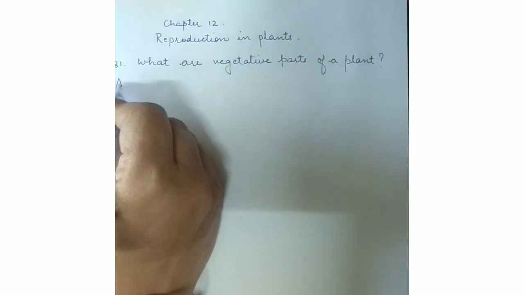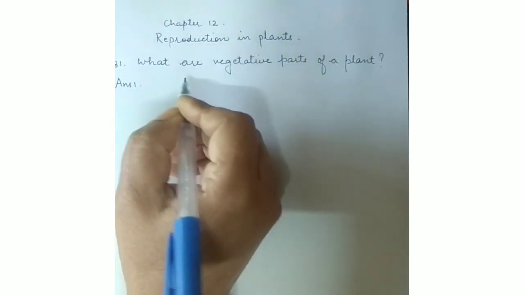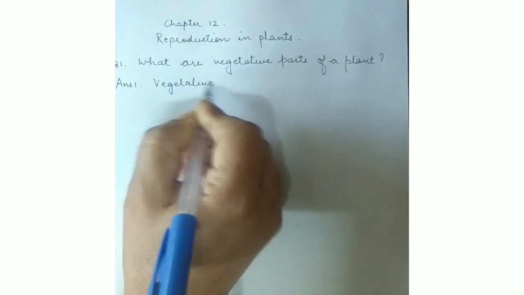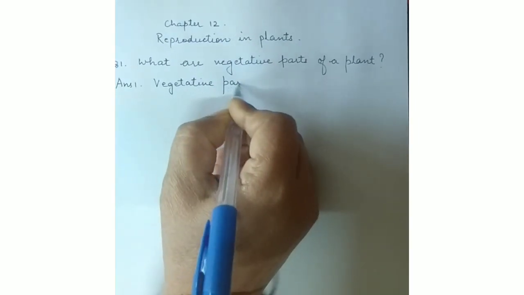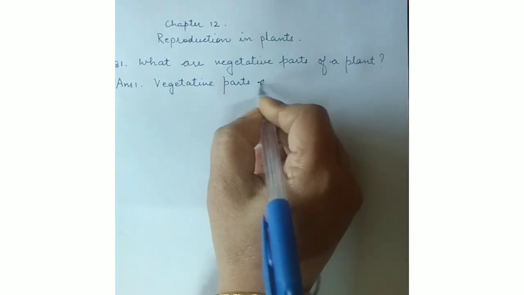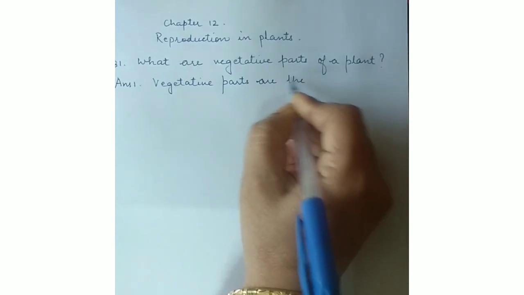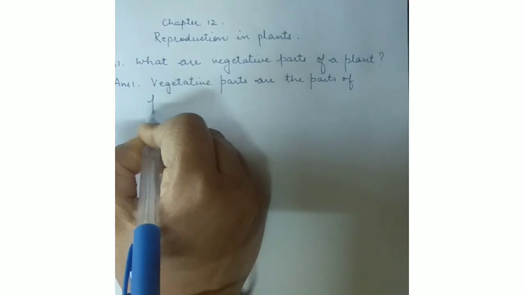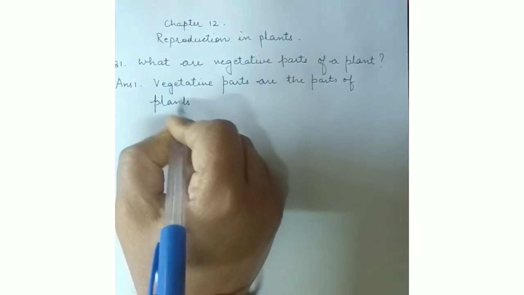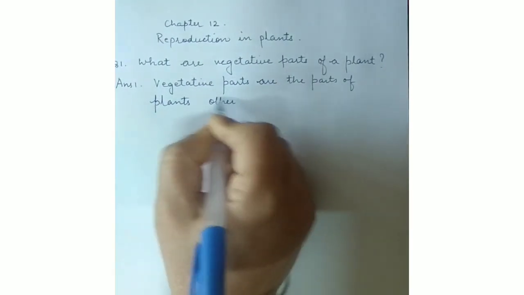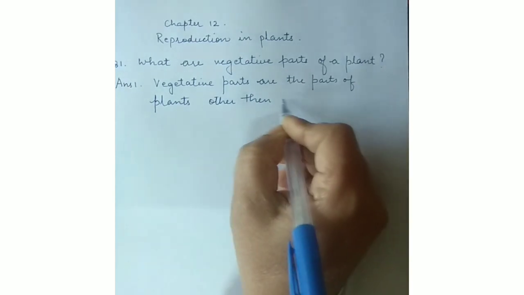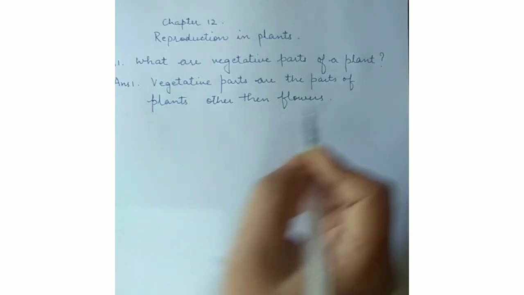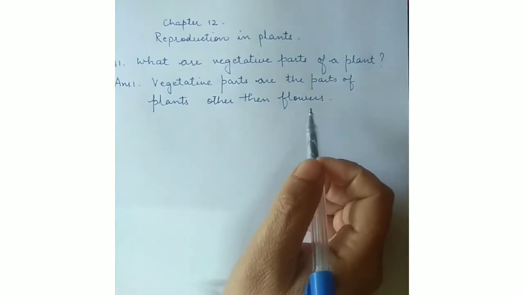Now, what is the answer of this question? Vegetative parts are the parts of plants other than flowers, because flower is a reproductive organ of a plant.